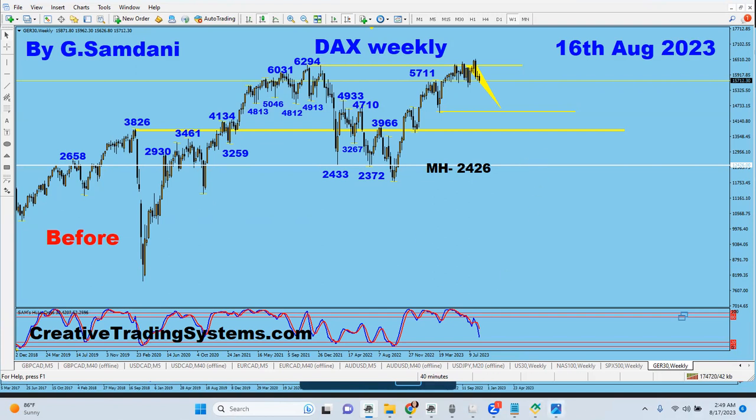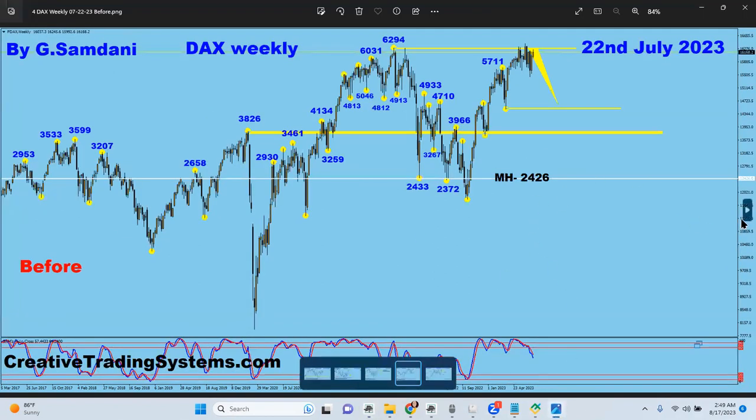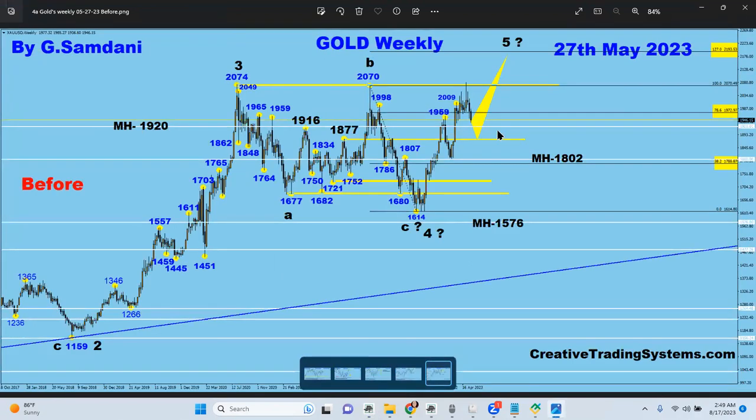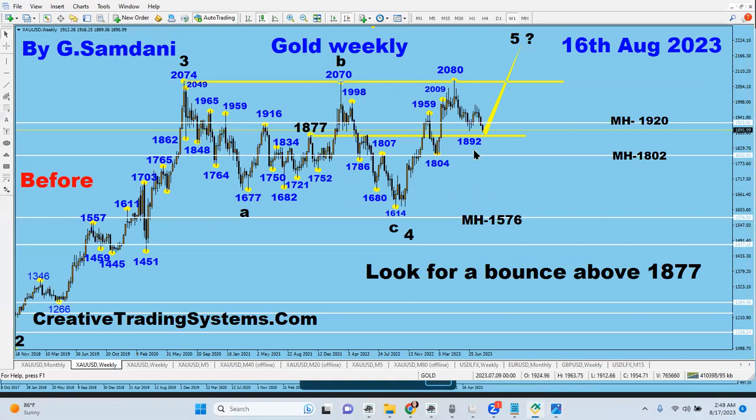By the way, gold. And what gold is doing is this. It was my chart on May 27, not June, but May 27. I made this chart saying it is dropping, so from here it may go all the way to 1877 before it mounts. Currently, what we are doing is this.